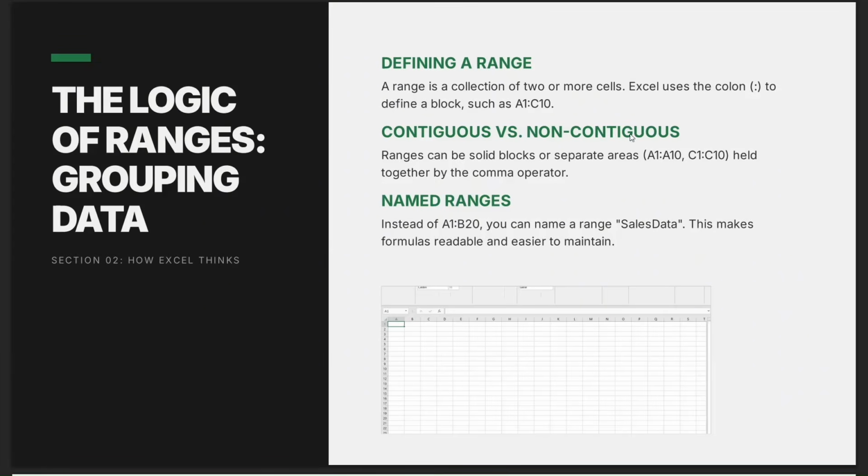So for example, a range, comma, and then another range. Named ranges: instead of A1:B2, for example, you can name a range whatever you want, such as sales data, and this makes the formulas much more readable, much easier to understand, and much easier to maintain.